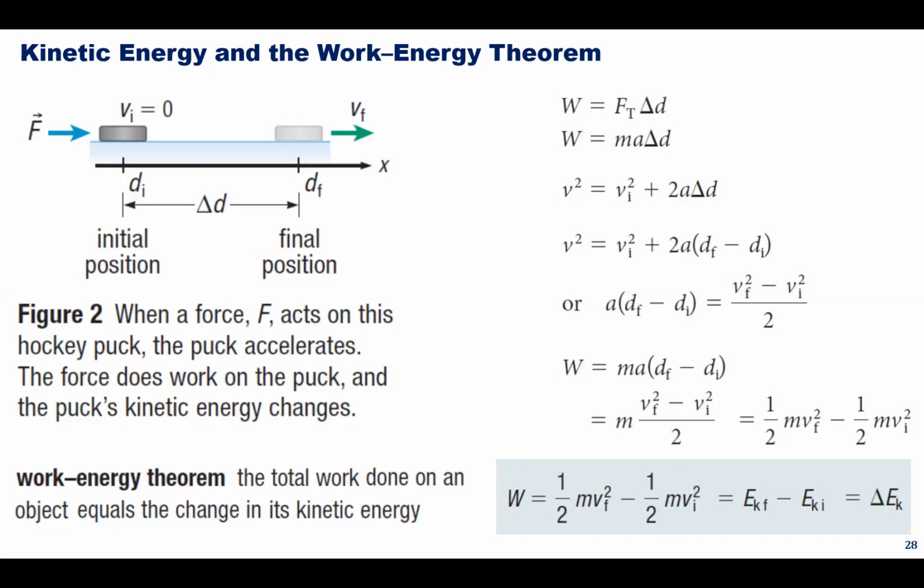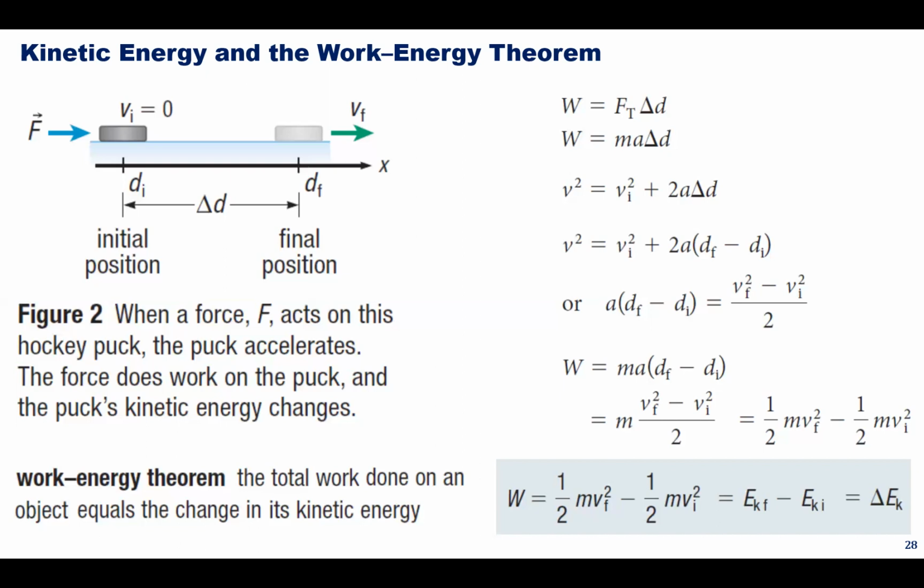Recall the following kinematics equation for motion with constant acceleration. We have v_f squared equals v_i squared plus 2a delta d, right? Notice that the subscript i indicates the initial velocity and position, and the subscript f indicates the final velocity and position.